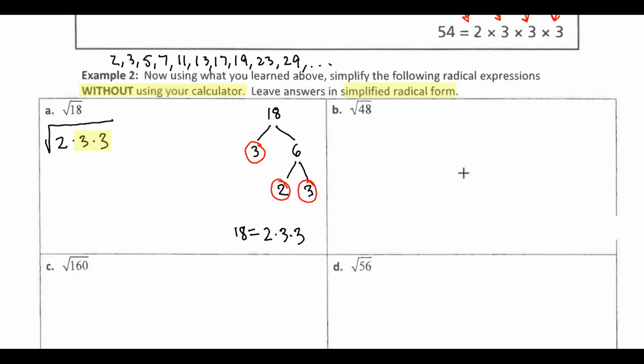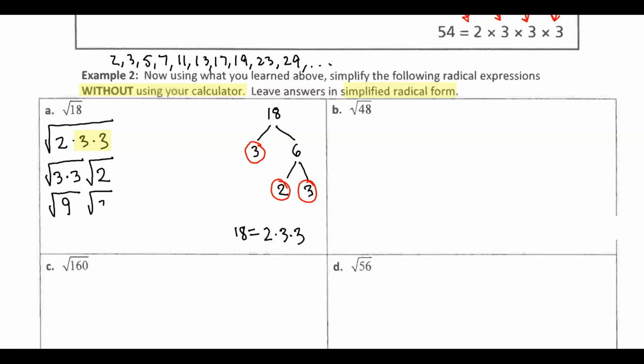So I'm going to take this pair and I'm going to give it its own square root. So this is a property of radicals that we can use. So it's going to be the square root of 3 times 3. And then I'll just put the square root of 2 back in its own radical.